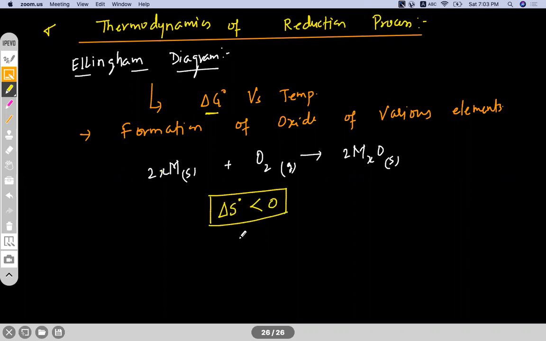Which means if delta S is less than 0, delta G naught becomes less negative, because delta G naught equals delta H naught minus T delta S naught. So it increases with temperature.